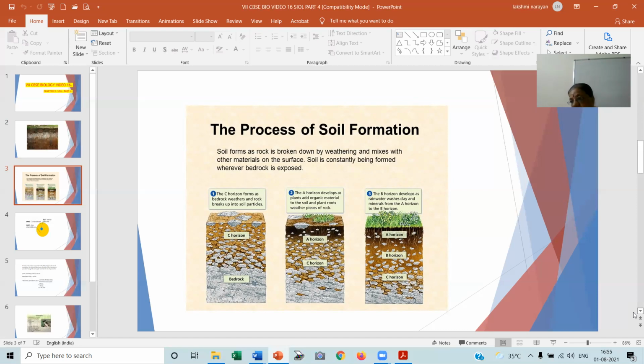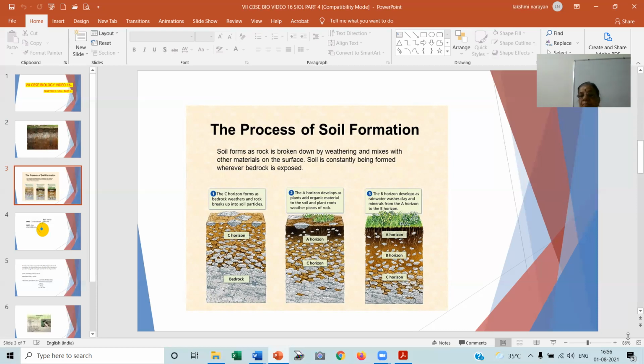Topsoil is good for plantation. I hope you understand. Go through it. Soil forms as rock is broken down by weathering and mixes with other materials on the surface. Soil is constantly being formed wherever bedrock is exposed. Go through it.